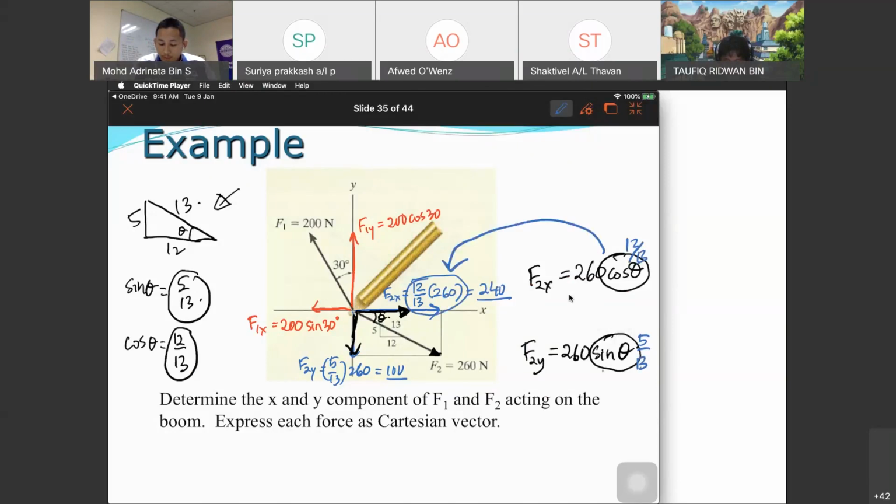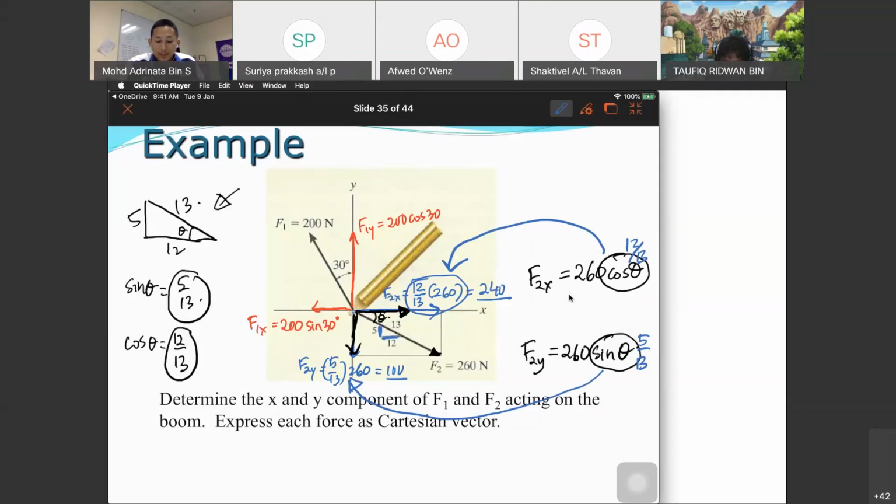So that is how it comes from the triangle. So if they give you the triangle, like in the question, you can use the triangle, the value. This one is for y direction and this one is for x.